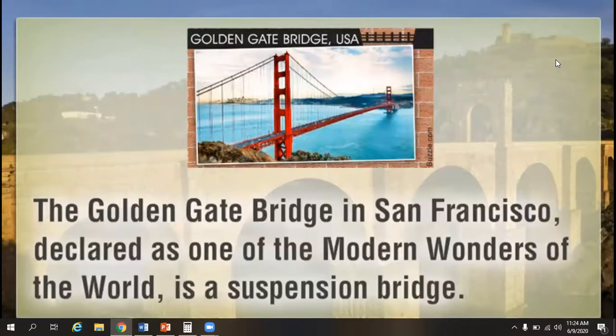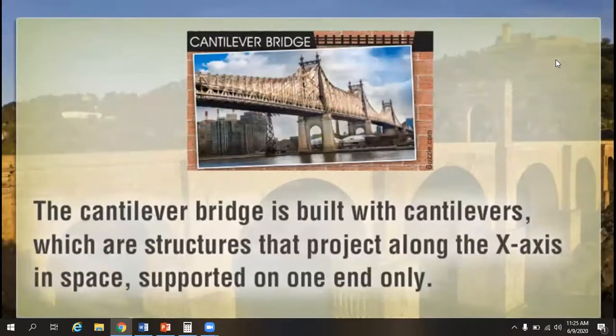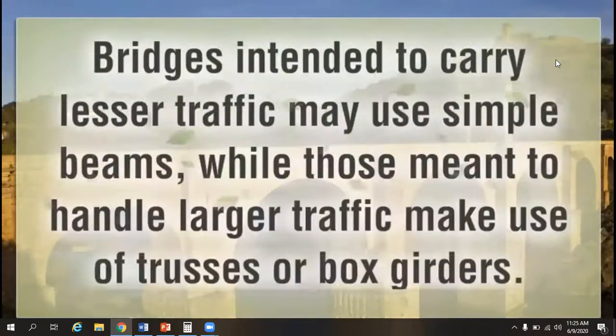bridge. The cantilever bridge is built with cantilevers, which are structures that project along the x-axis in space, supported on one end only. Bridges intended to carry lesser traffic may use simple beams, while those meant to handle larger traffic make use of trusses or box girders. A cantilever bridge is easy to construct but difficult to maintain.